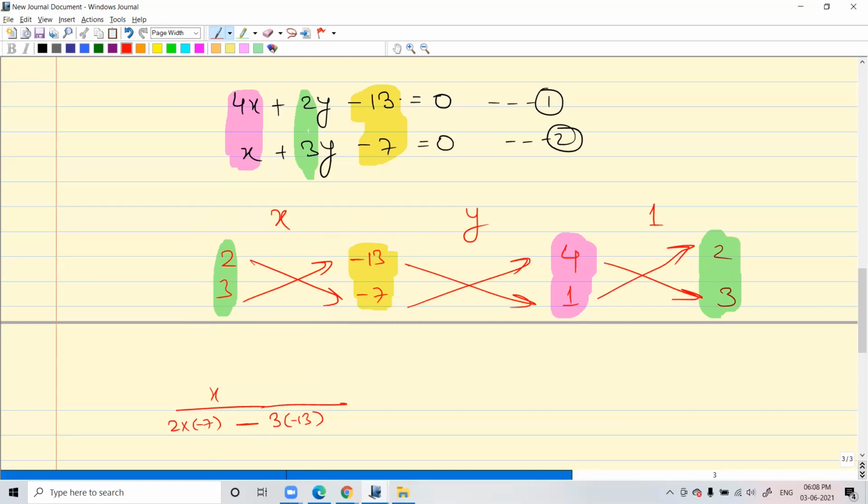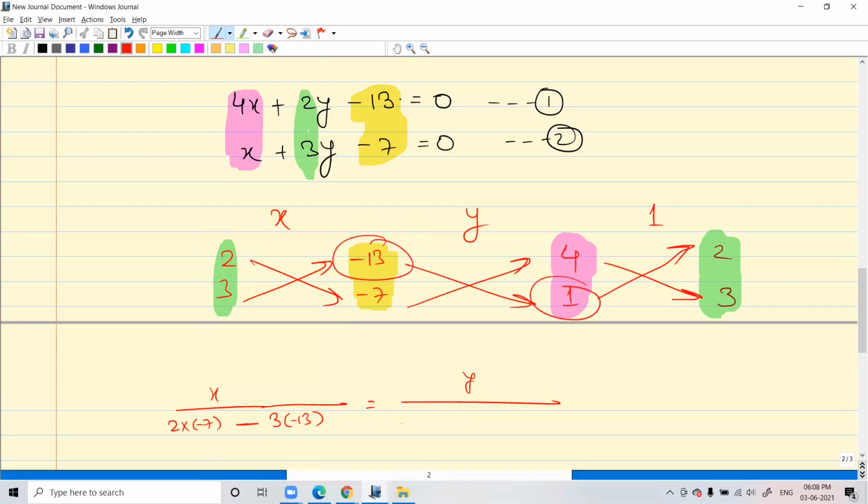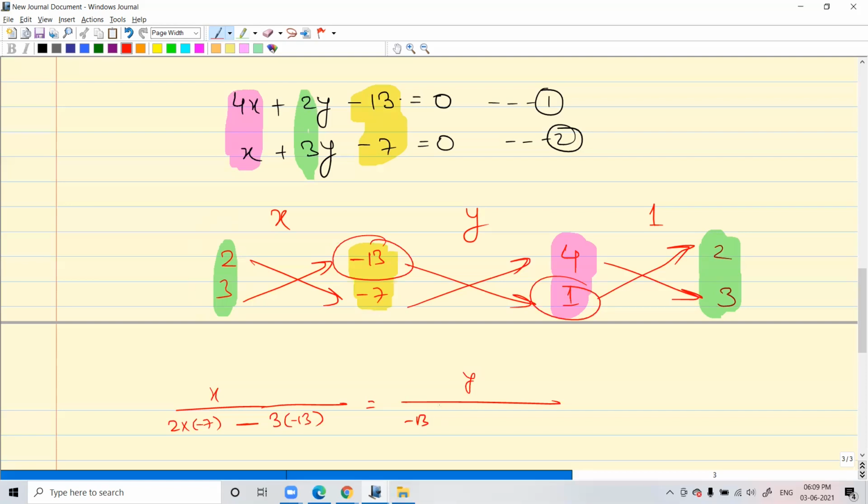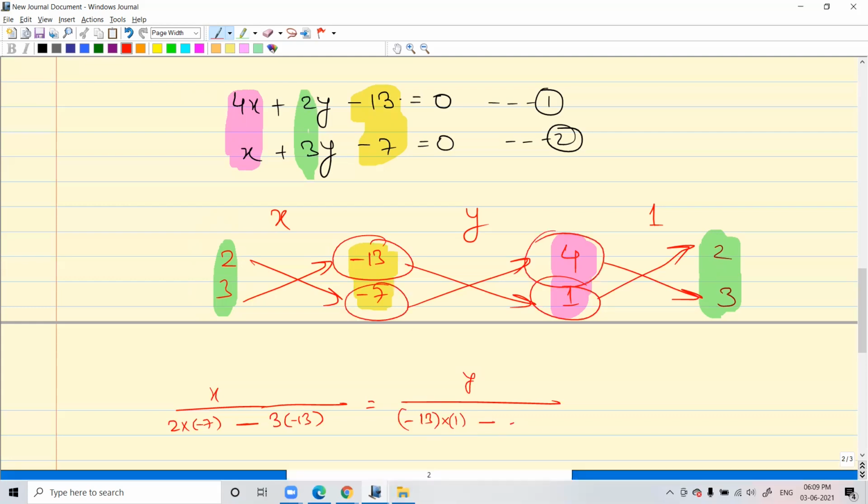Okay. Is everyone with me so far? Yes. Then here what will happen? Minus 13 into 1 will become, okay, I'll write the whole thing, minus 13 into 1 minus 7 into 4.